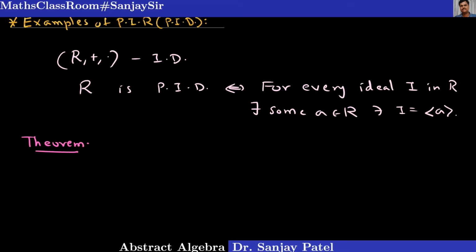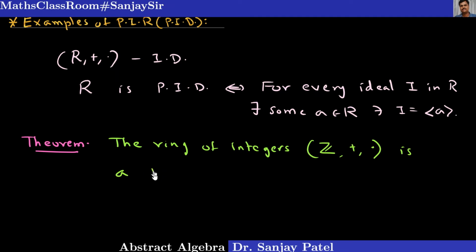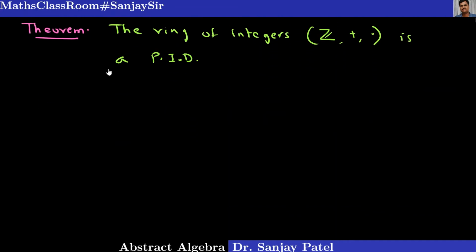So this is my first result: the ring of integers (Z, +, ·) is a principal ideal domain. We know that the ring of integers is an integral domain, meaning it is a commutative ring with unity in which there are no zero divisors.